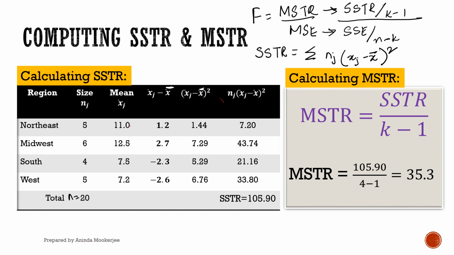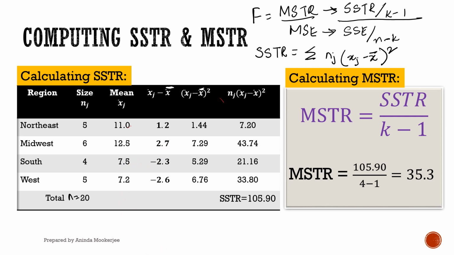So if you're given the individual data points, you can sum them up. It's a little bit longer process. However, another way of doing that, especially if you do not have the individual data values and you're just given the sample means, in order to find x bar, this is what you have to do.